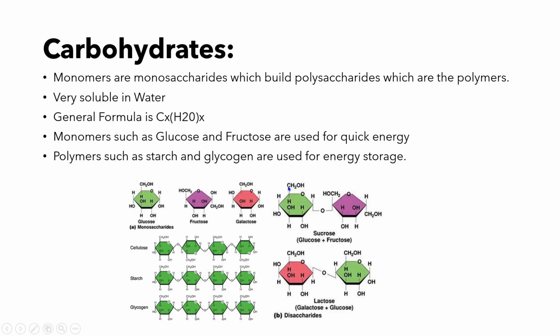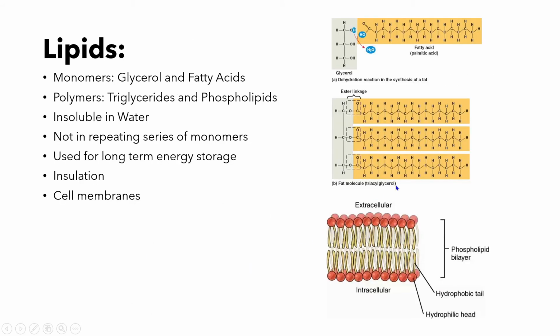If we go back to carbohydrates, we can see how starch, glycogen, and cellulose are all built using multiple chains of monomers, maybe glucose rings, which are then combined through dehydration synthesis to make long chains. However, in lipids, the polymers are not long chains. Rather, they're maybe three chains joined through ester linkages, as shown in picture B in the triglyceride.